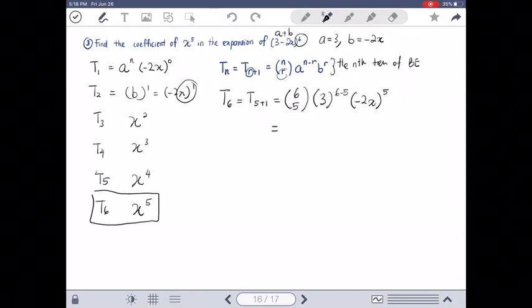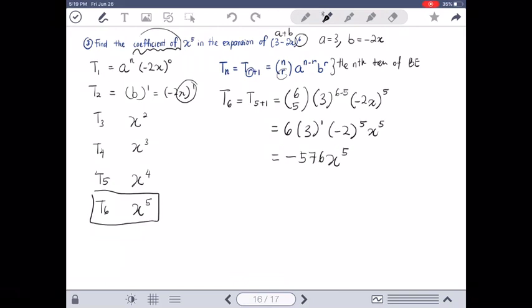Okay, so 6C5 is just equal to 6, and 3 to the power of 1 times negative 2 to the power of 5, x to the power of 5. So 6 times 3 times negative 2 to the power of 5, we should get negative 576x to the power of 5.